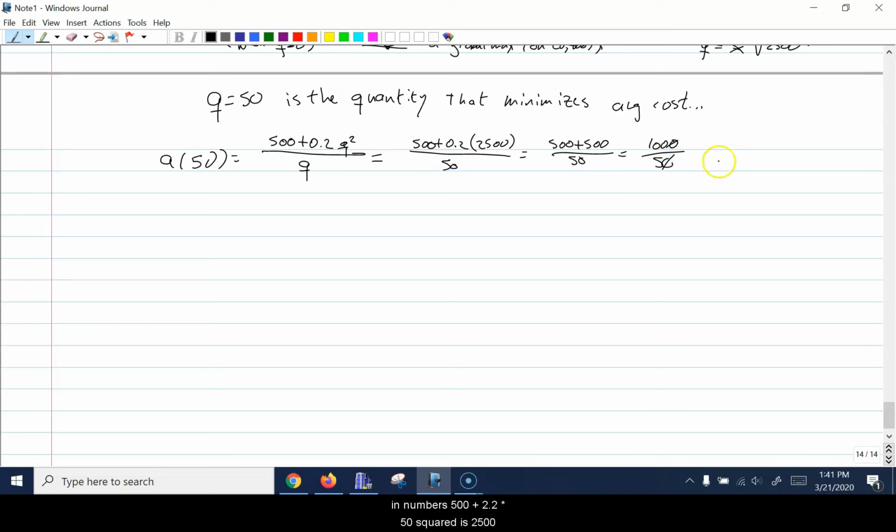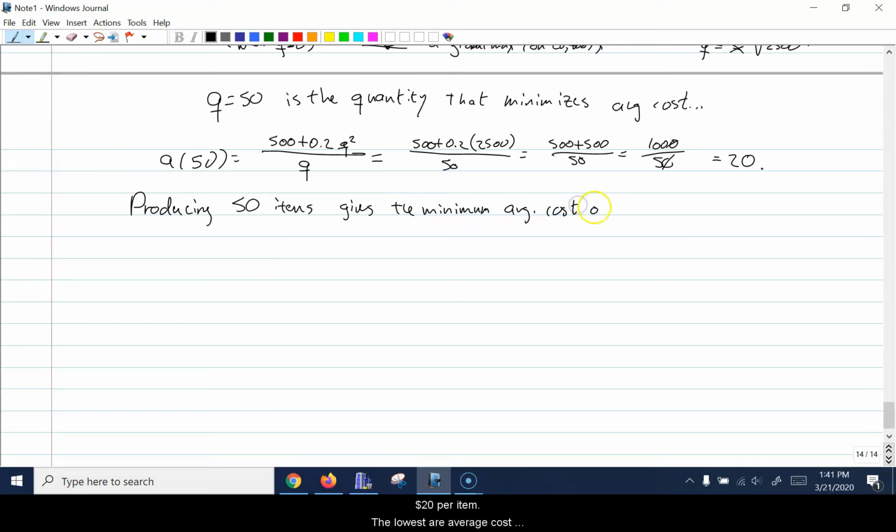That's 100 over 5, that's 20. So, producing 50 items gives the minimum average cost of $20 per item. The lowest our average cost can ever get is $20 per item, and we get that best possible deal when we produce 50 items. What's question 2?